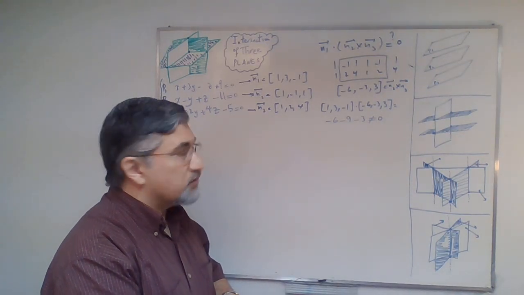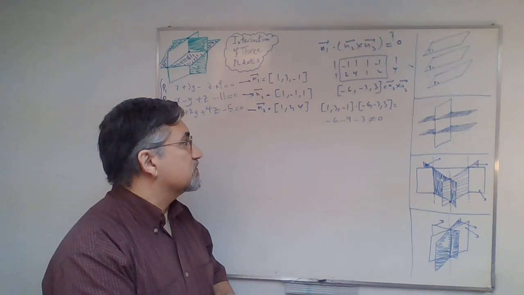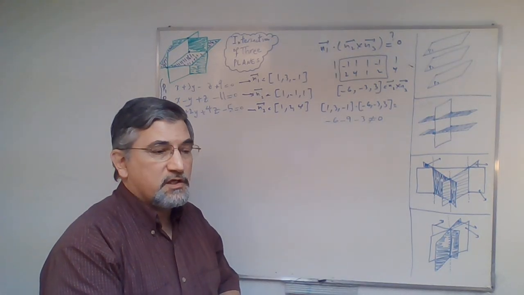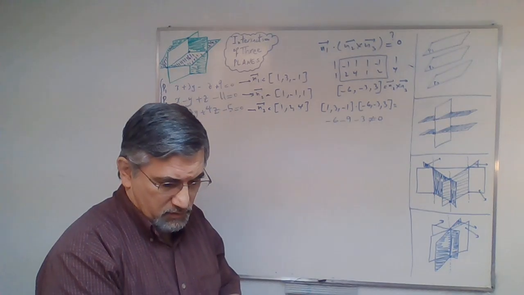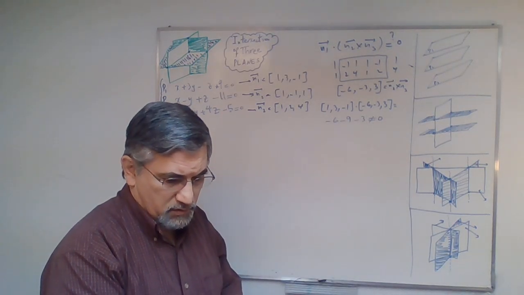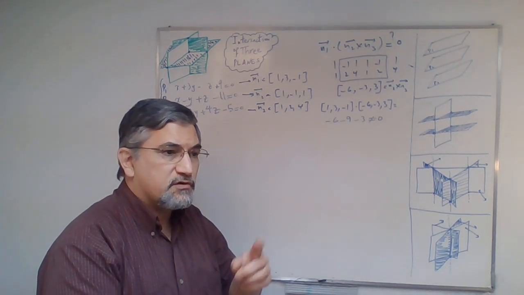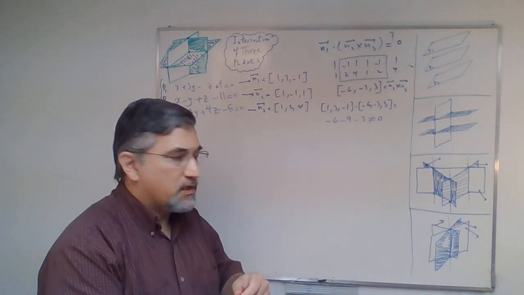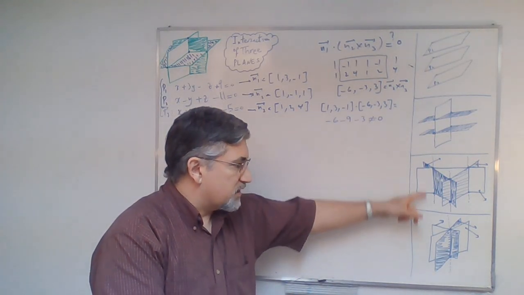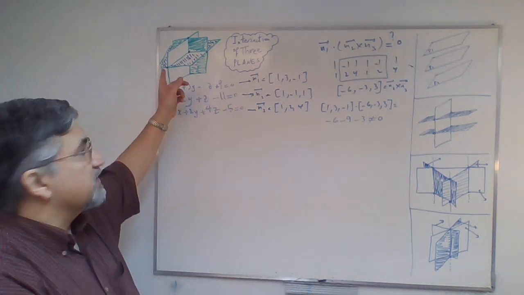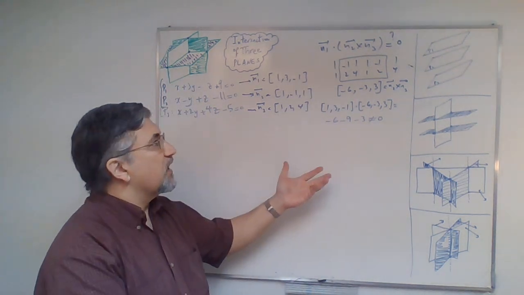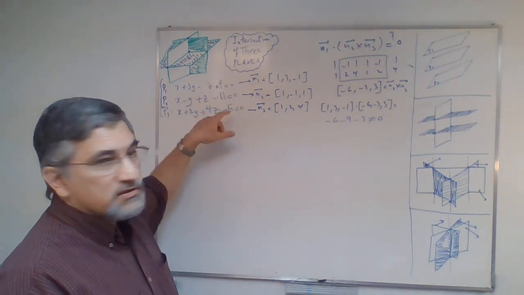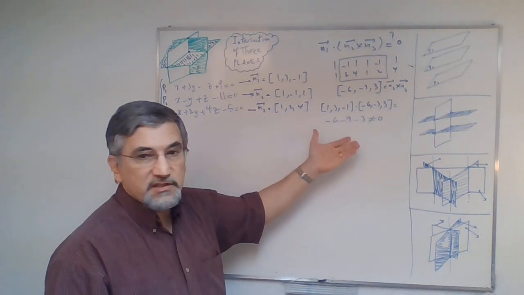If the triple scalar product is not equal to 0, it means that the three vectors are not coplanar. And if they're not coplanar, which means it's not this case or that case, then automatically it has to be that case. So with these calculations right now, we could figure out that this system of equations is going to have a solution. Now I can tell it does.